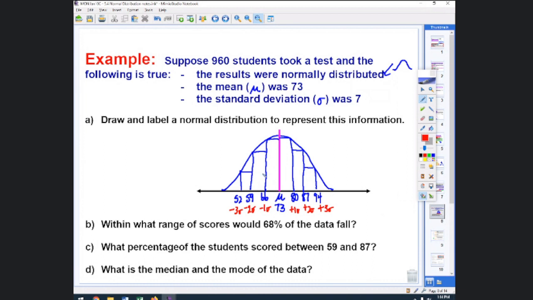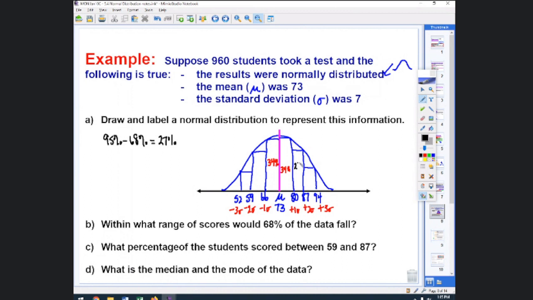Okay, so I'm asked to draw and label the curve. So this is 68% that I have to share. So I get 34 and 34. The next one is 95%. Well, 95% minus the 68 I already have accounted for is equal to, I think, 27%, if I have that right.